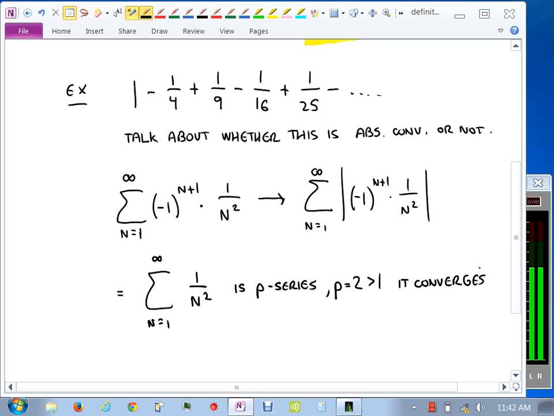What's the absolute value of that? +1, which means it's just 1, which means it doesn't need to be there anymore. That's the whole key. When you take the absolute value of that piece, the absolute value of -1 or +1 is just 1. So it just turns into a 1 sitting in front.